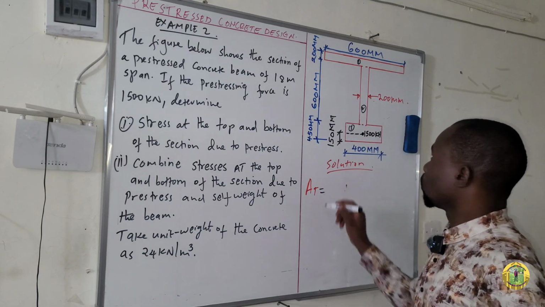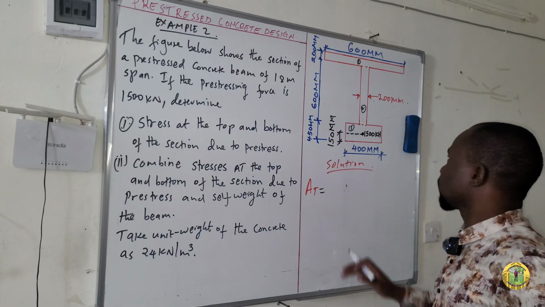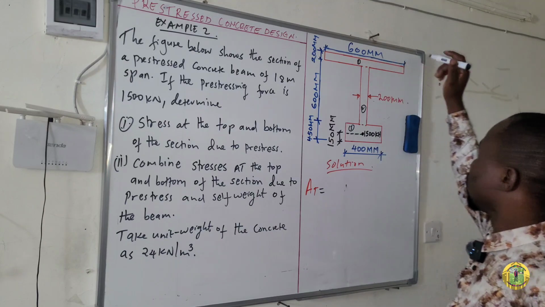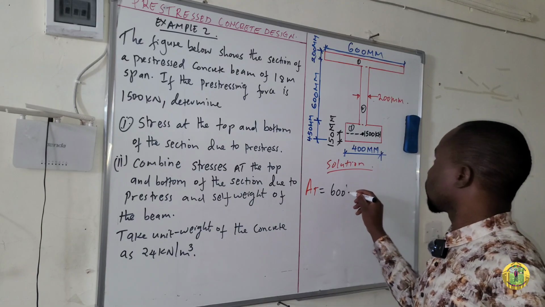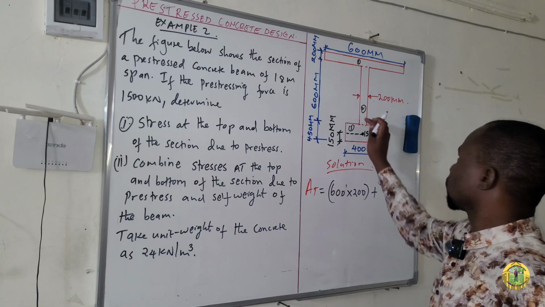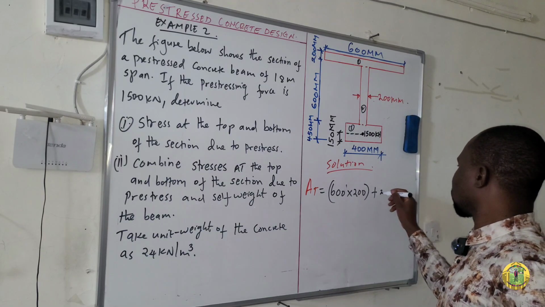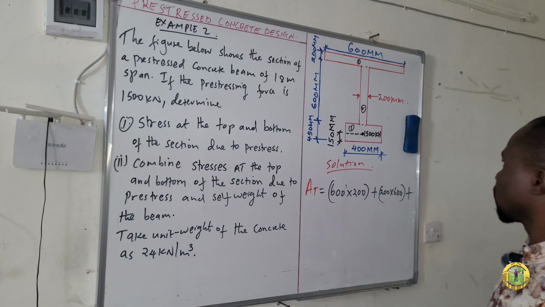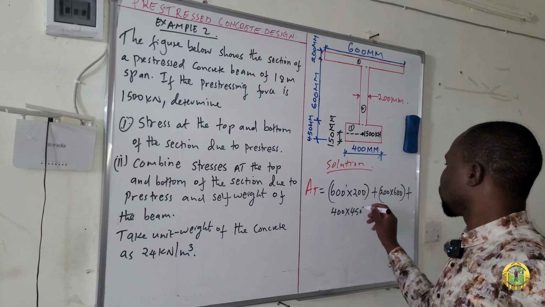So the total area will be the sum of the areas of these respective figures. If we begin with the first one, we have 600 times 200, plus the second one, 200 times 600, plus the third one, 400 times 450.